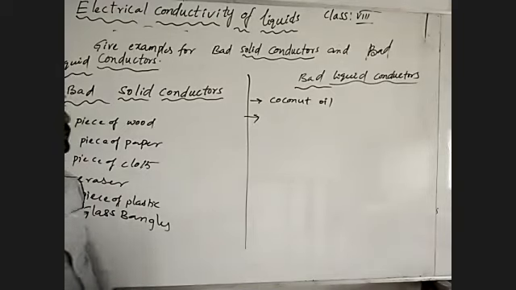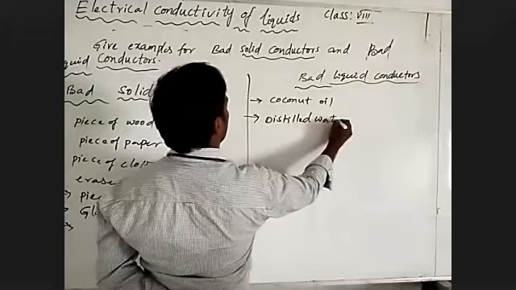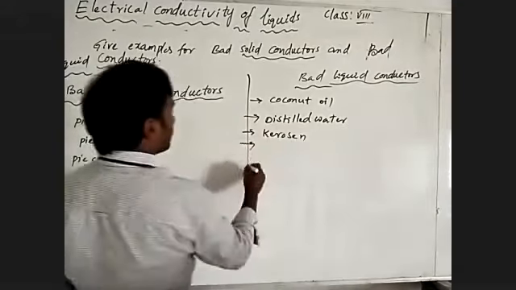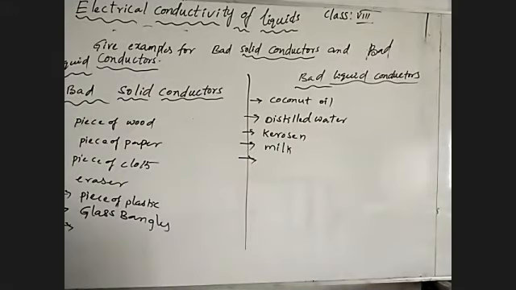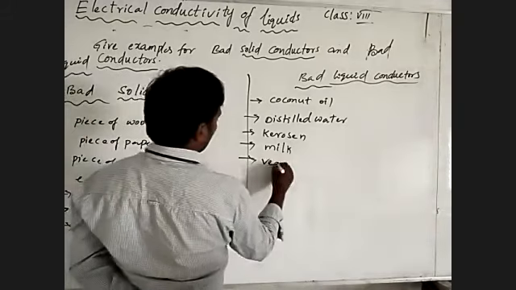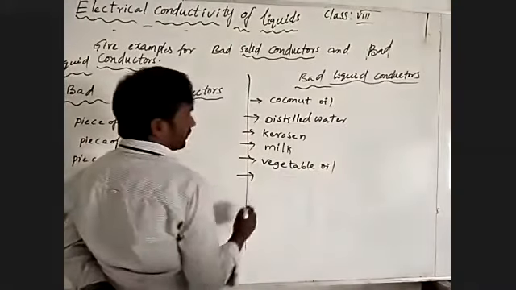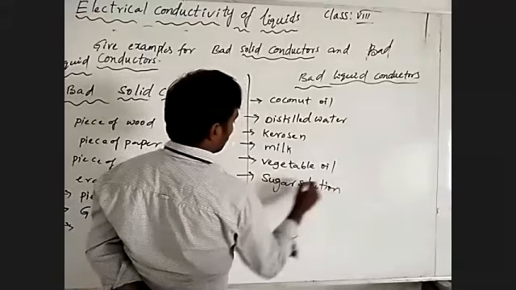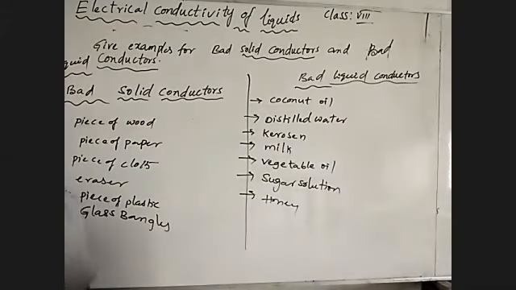Is it or not? Distilled water and kerosene, milk. Still, what you can write? Vegetable oil and sugar solution, honey. See there, how many you can write?